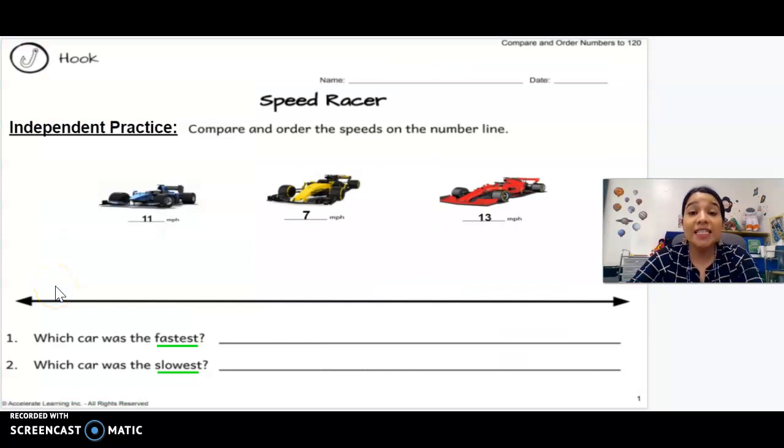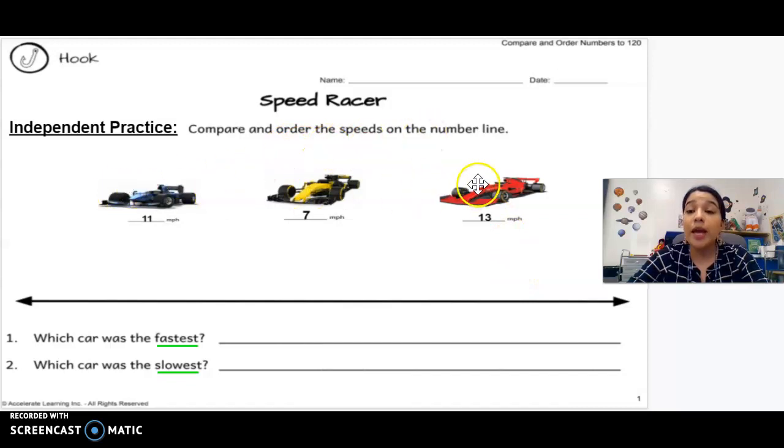Your second activity for today is like we just practiced with the cheetahs. So you have an activity called Speed Racer. So you have 3 different cars that have 3 different speeds. So one has 11, 7, and 13. What you're going to do is you're going to place these cars in order.